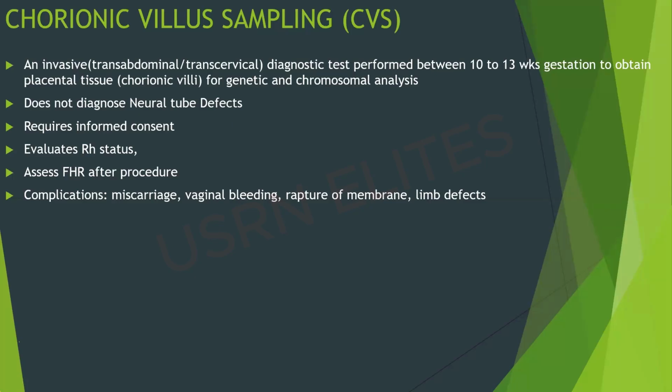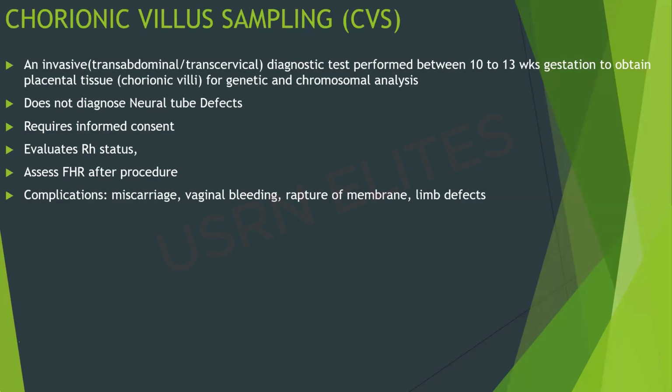But know that this is mostly performed earlier than amniocentesis. This one is chorionic, so you are looking at the placenta, and the placenta comes earlier. With amniocentesis, you need enough amniotic fluid to do the sample. With chorionic villus sampling, it is just 10 to 13 weeks gestation. We can do that.